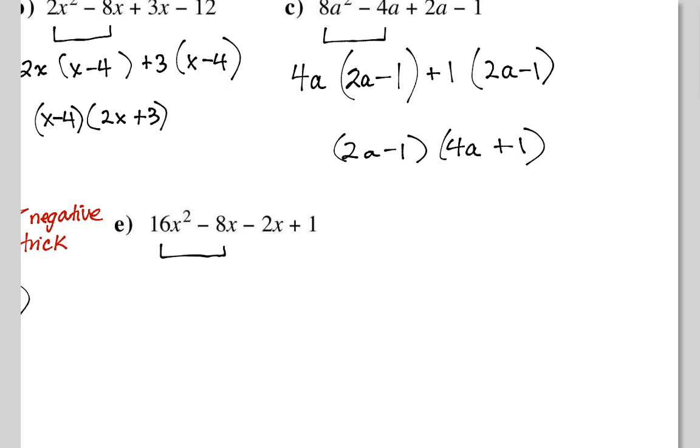What's the lead coefficient? So yeah, we're going to want to take out a negative here. And think, if I want to make the first pair look like that, what do I have to divide by to get to 2? What's the GCF for 16 and 8? 4. There's a better one than 4. Yeah, 8. And they both share an x, so then you're left with 2x minus 1.